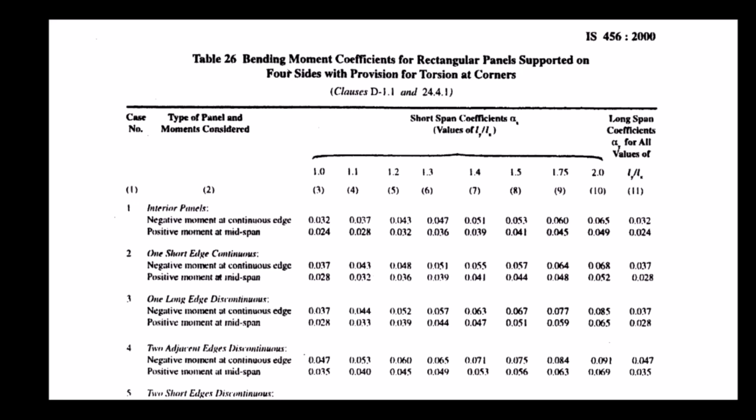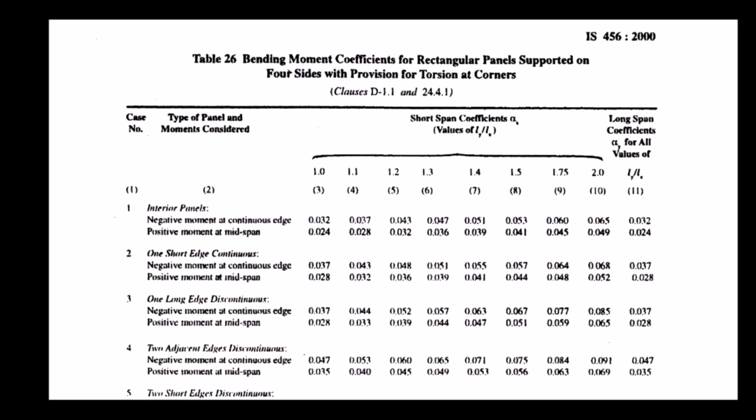In the table, in the most left column, the case number is given. Then the second one from the left is the type of panel and moment considered.